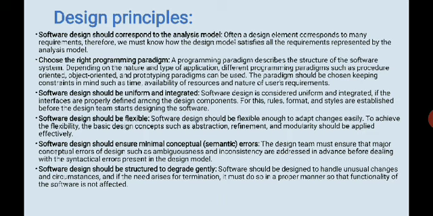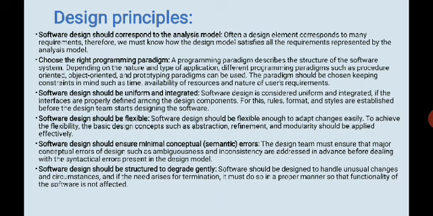Next is choosing the right programming paradigm, which is very important. A programming paradigm describes the structure of the software system. Depending on the nature and type of application, different programming paradigms such as procedure oriented, object oriented, and prototyping paradigm can be used.